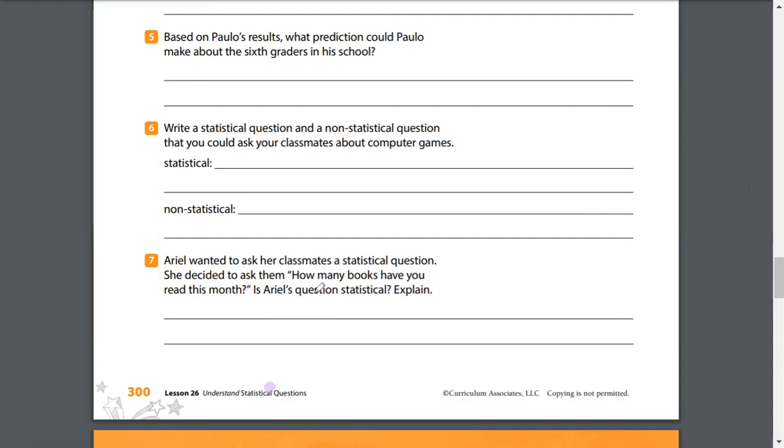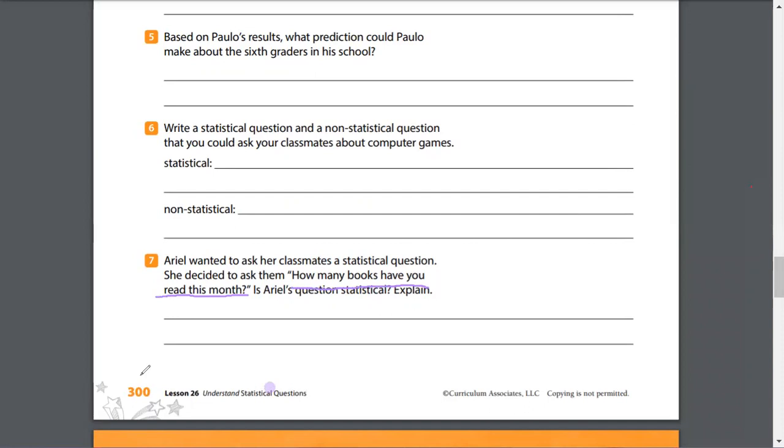Number 7. Ariel wanted to ask her classmates a statistical question. She decided to ask them, how many books have you read this month? Is Ariel's question statistical, and explain. So think about your class. How many books have you read? Is there someone in your class who may have read more books than you have, or fewer books, or no books?